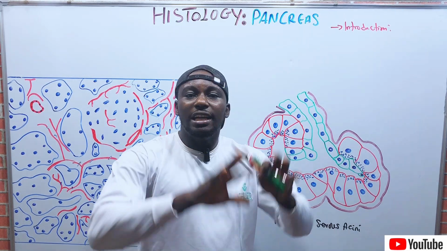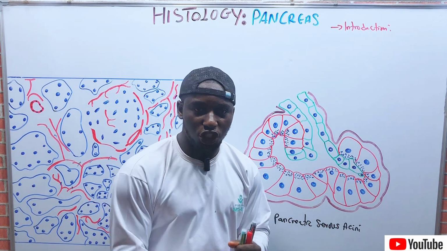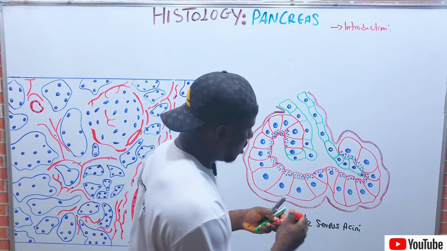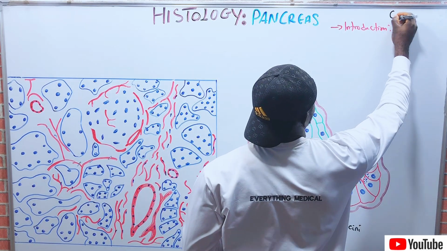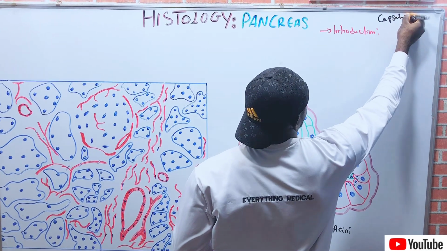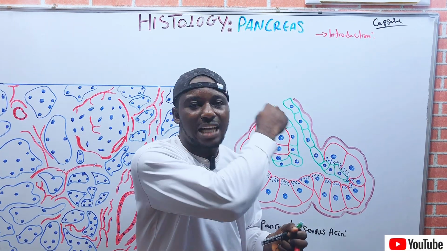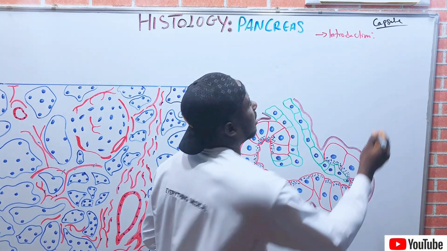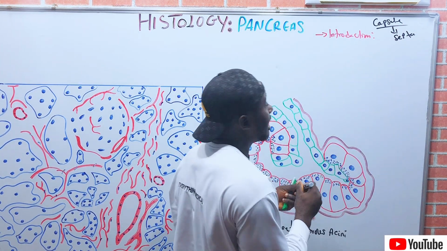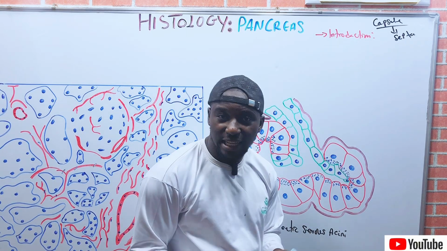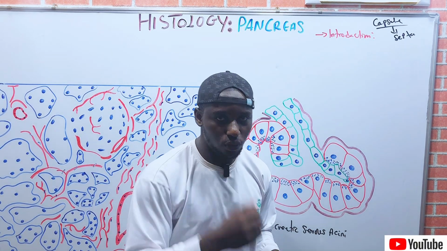So the entire pancreas is covered by connective tissue in the form of a capsule. Arising from this capsule are septa, which extend into the gland, which is the pancreas, to divide it into lobules.